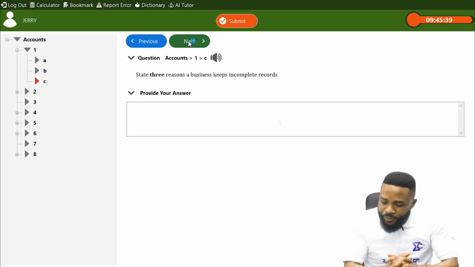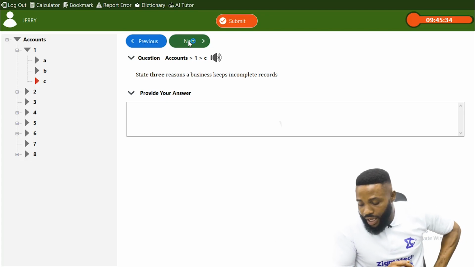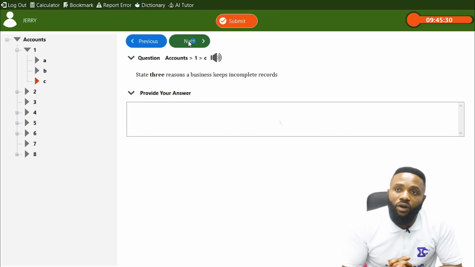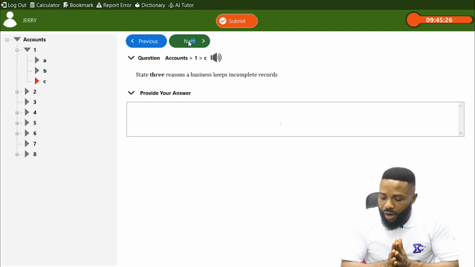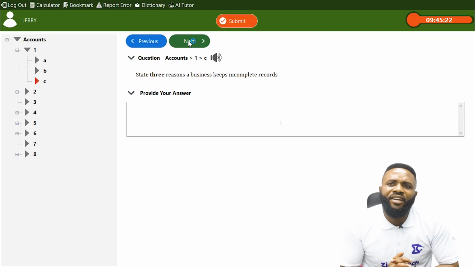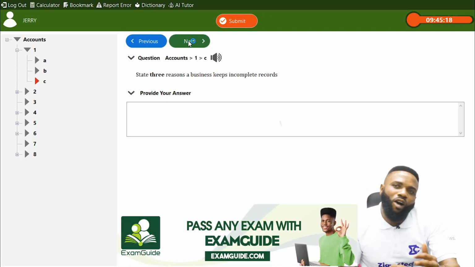And then the fifth one is that when there is no legal obligation on the part of the business to maintain proper accounting records, some businesses do not have a very strong legal system that can determine their operation.